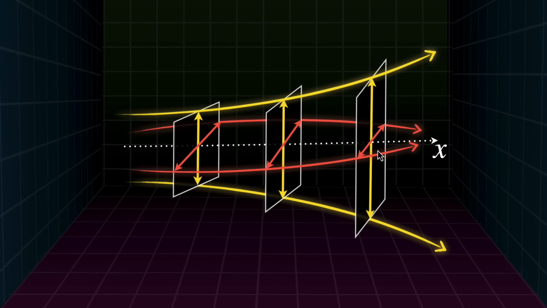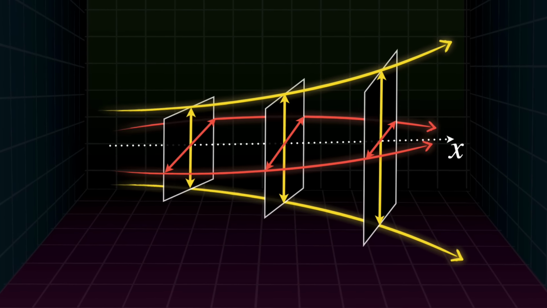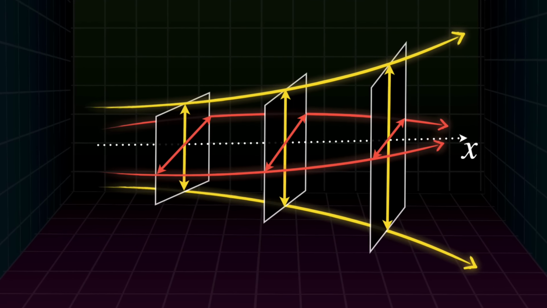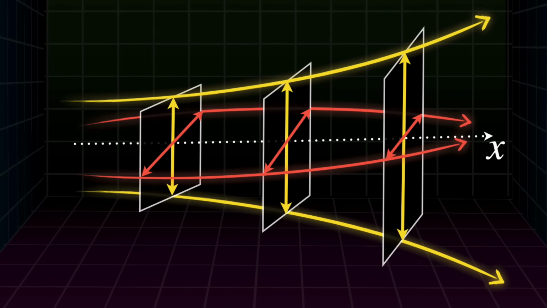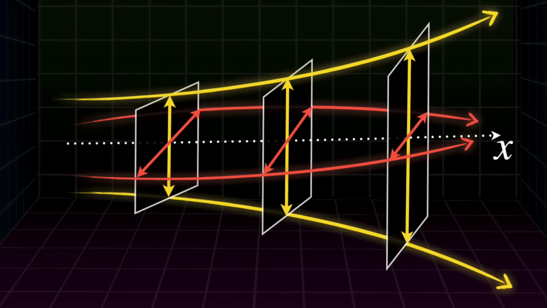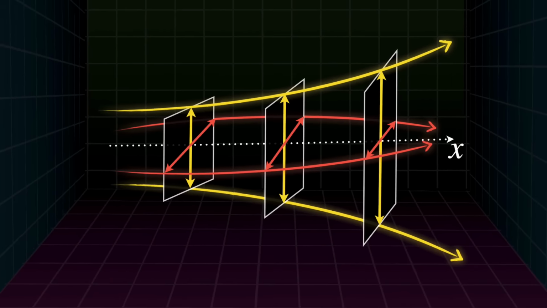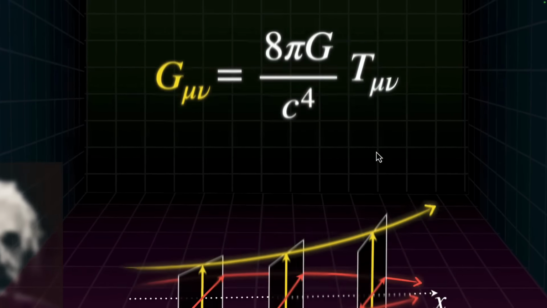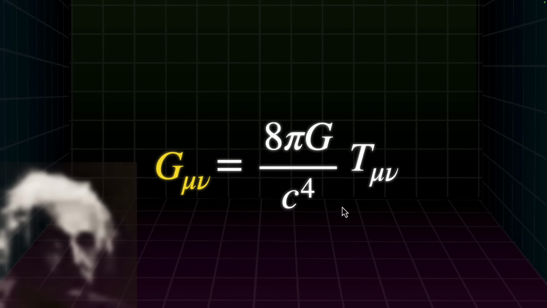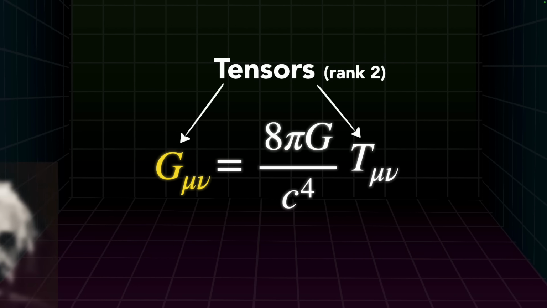It can also stretch and squeeze in the time direction, which of course I haven't shown over here. So look, for each component, each direction that I'm moving, I need multiple numbers to take care of curvature. In other words, I definitely need a tensor. That's why equations of general relativity involving space-time curvature require tensors. In fact, they use rank 2 tensors.